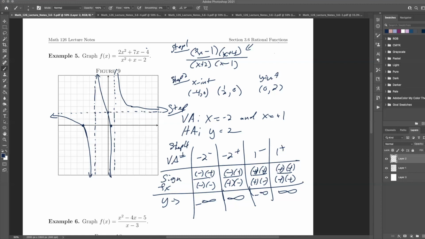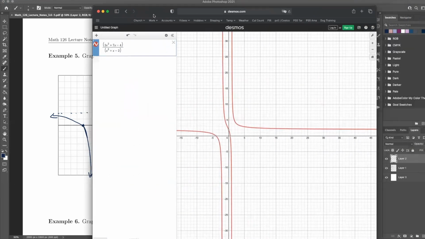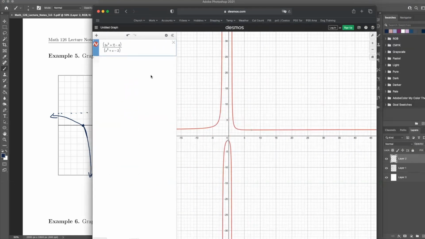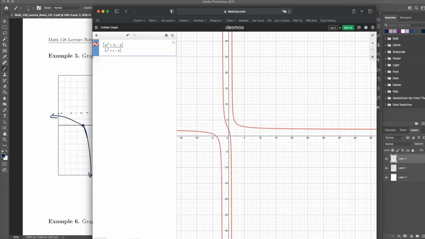To be divided by x squared plus x minus 2. I was like, that doesn't look like what I have, because I forgot an x. Ta-da. When I originally typed this in, I had it look like this. That's not right. I forgot the x. So please double check what you typed in the computer.